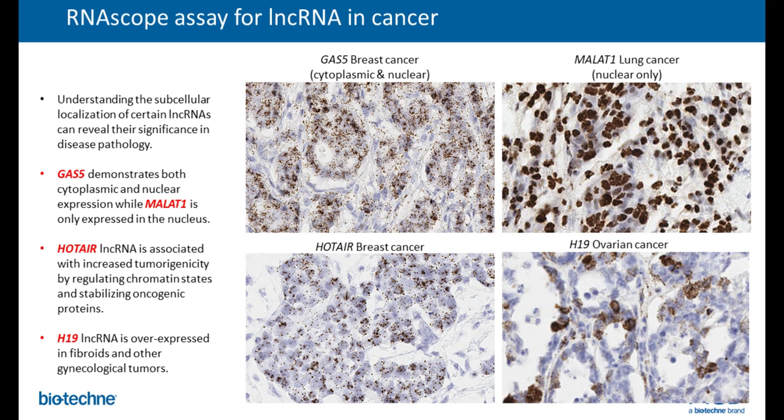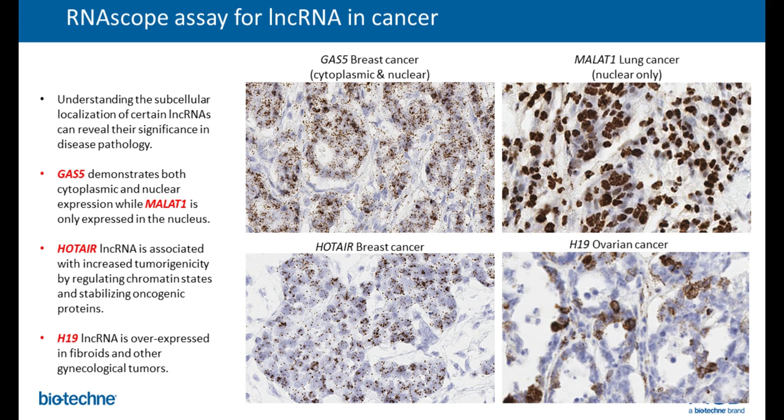This is another example of how we can use different probes to identify long non-coding RNAs that are significant in a particular malignancy. Here we have used 4 different probes in 4 different tumors, and you can appreciate the different pattern of expression of each of these long non-coding RNAs, wherein the Gas5 long non-coding RNA expressed in breast cancer shows both nuclear and cytoplasmic expression, whereas the MALAT1 long non-coding RNA shows specifically nuclear expression in this lung cancer tumor.